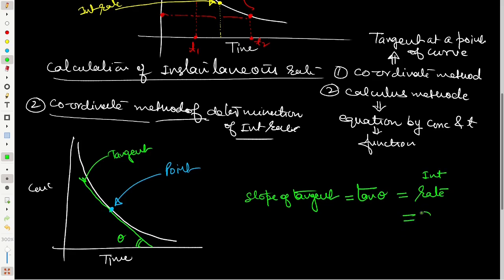Instantaneous rate, which is dA upon dt. So without drawing the tangent, it is not possible to determine the instantaneous rate. The second method is the calculus method.